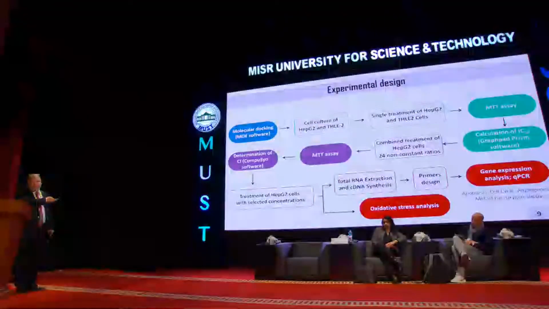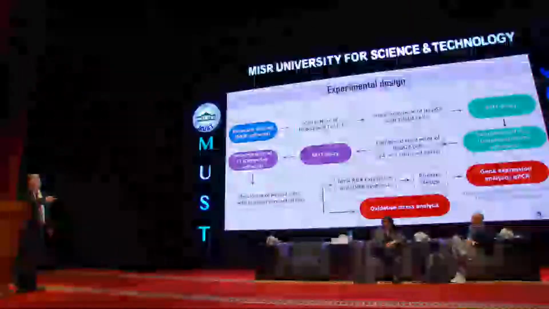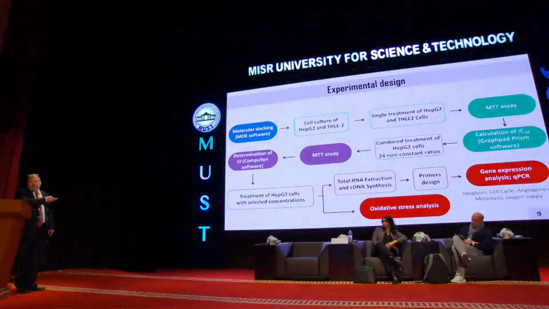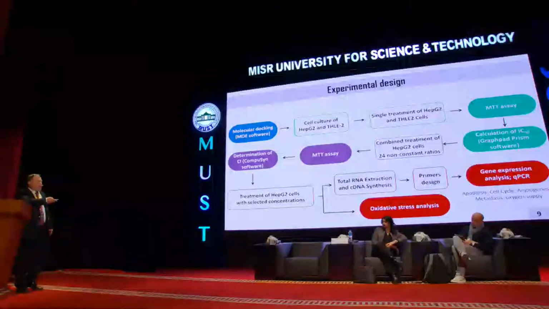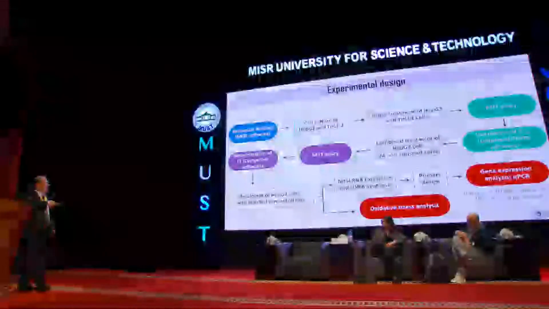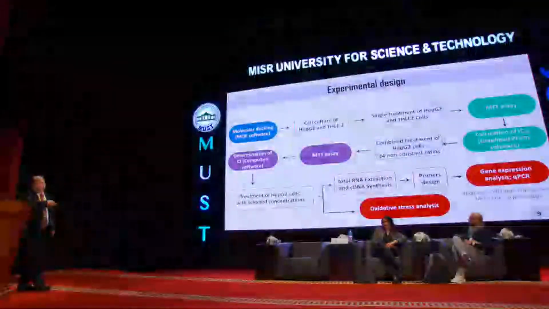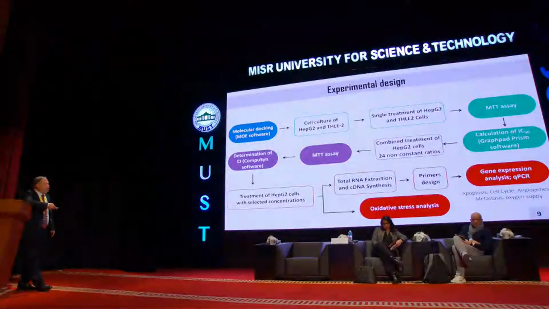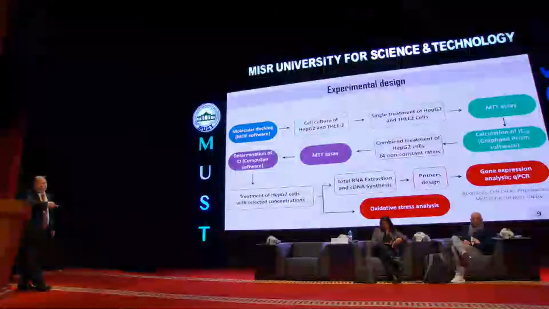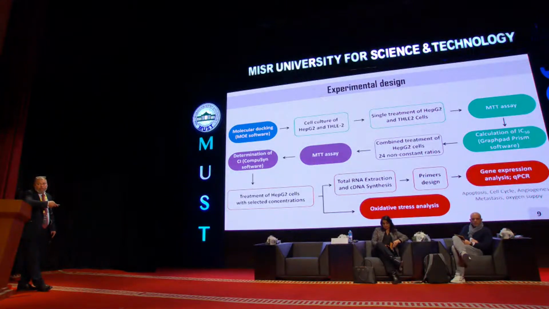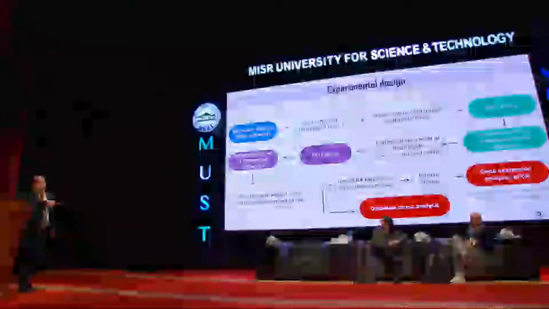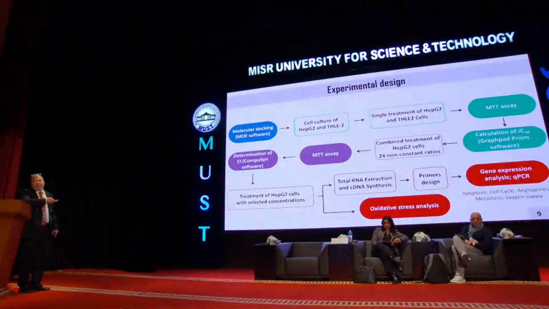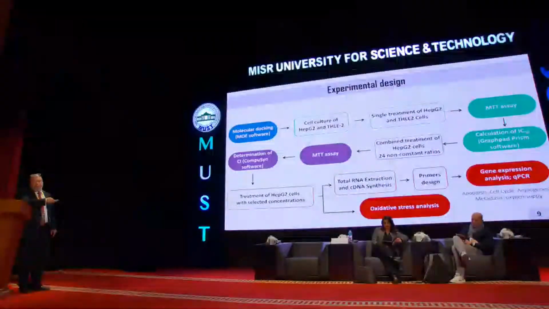Whenever you get a combination index of less than 1, this means that there is a synergistic effect, and if it is more than 1, there is an antagonistic effect. And we chose only 2 concentrations from these combinations to make the downstream analysis for some very interesting selected genes, usually concerned with apoptosis, angiogenesis, metastasis, cell cycle regulation, and so on.